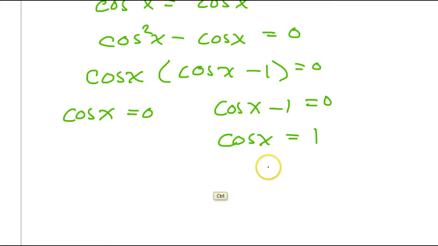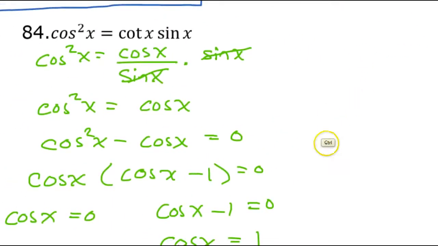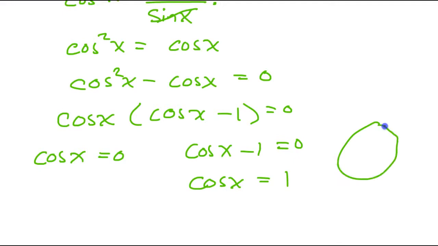So quadrantal angles, once again, let's see, you don't want to get in the way of the next problem. So just picture these in your mind. Cosine, where is cosine going to be 0? Cosine is an x value. X values are 0 here and here.